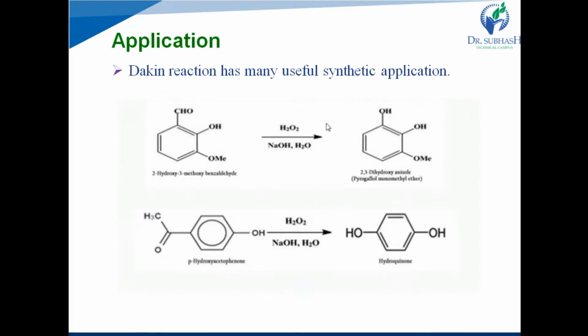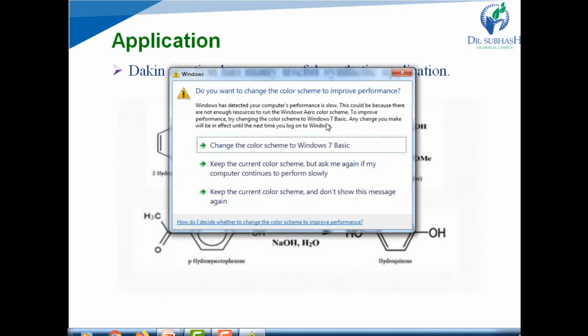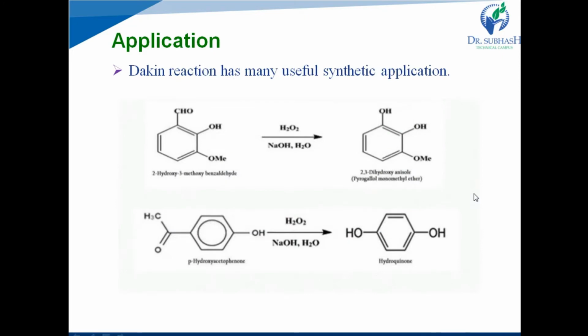Alkoxyphenol is an anisole derivative. 2-hydroxy-3-methoxybenzaldehyde undergoes Dakin reaction in presence of H2O2 and base and forms 2,3-dihydroxyanisole. Likewise, para-hydroxyacetophenone undergoes Dakin reaction and forms hydroquinone in presence of H2O2 and NaOH in aqueous condition. Right? So hydroquinone is the example of the benzene diol.